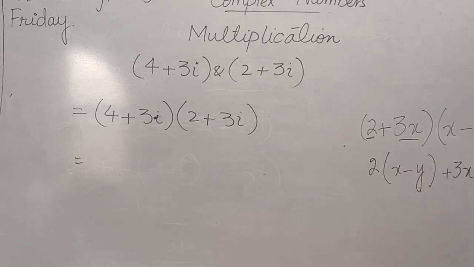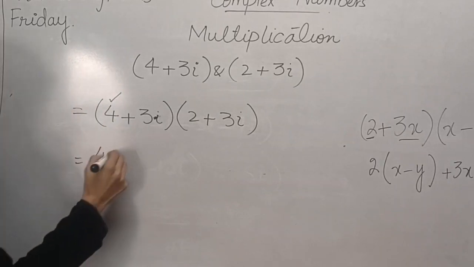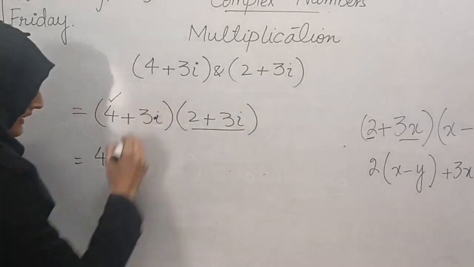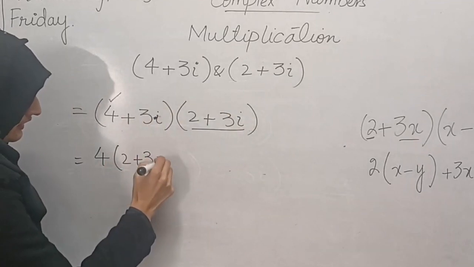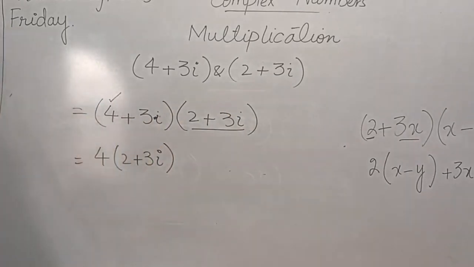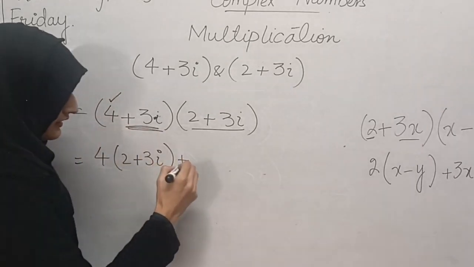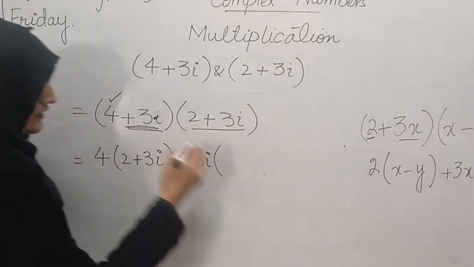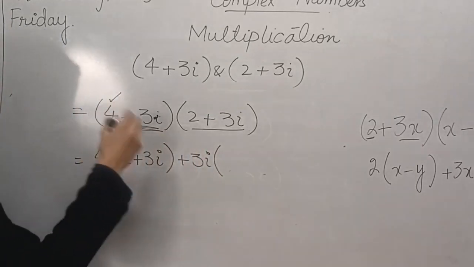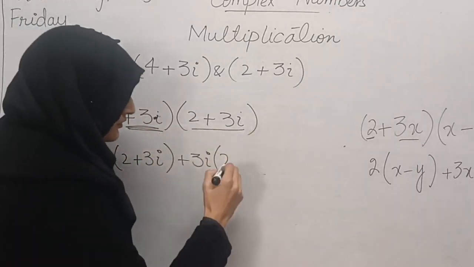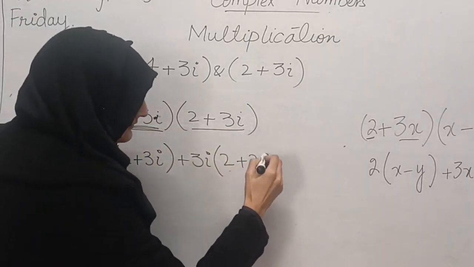On the same pattern, we will multiply the complex numbers. First of all, we will take the first number and multiply it with the whole bracket, 2 plus 3 iota. Then we have the second number, which is plus 3 iota, and we will multiply it with the whole bracket, 2 plus 3 iota.